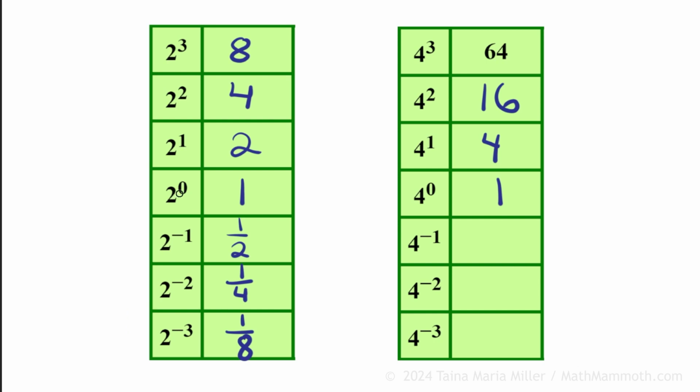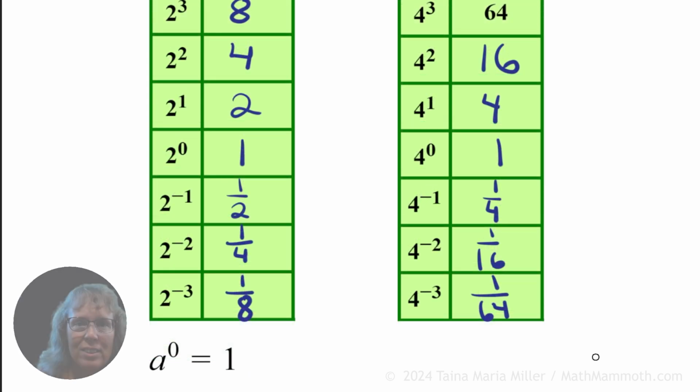So 2 to the 0th power, 1. And 4 to the 0th power, 1 again. 1 divided by 4, well, that's easy, 1/4. And then that divided by 4. Okay, in fraction division, you need to use the reciprocal. And so you actually multiply it by 1/4, you get 1/16. And here you get 1/64.